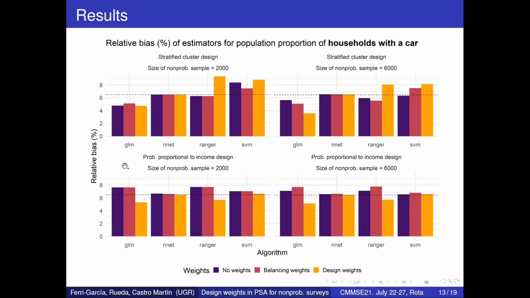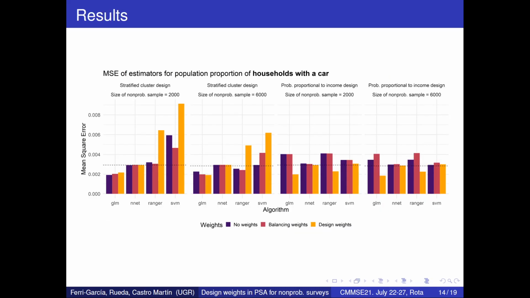We can see that for all cases, for all algorithms, the use of design weights provides a smaller relative bias. In the case of the mean square error of the estimators, we can see that they follow the same pattern.